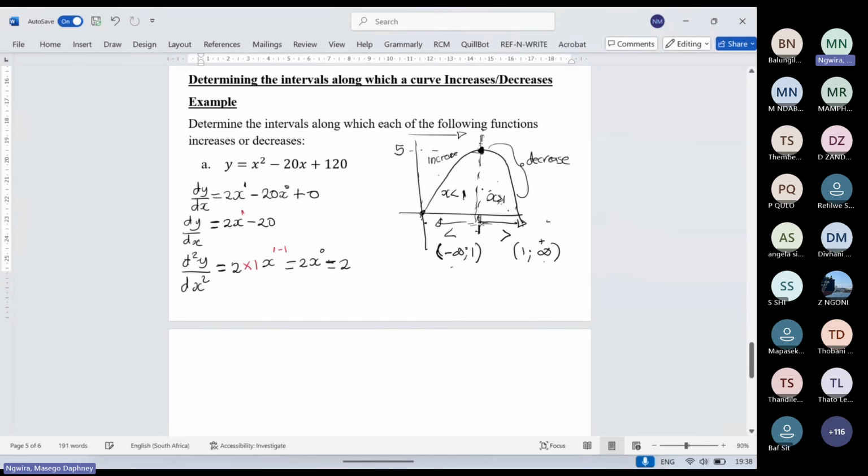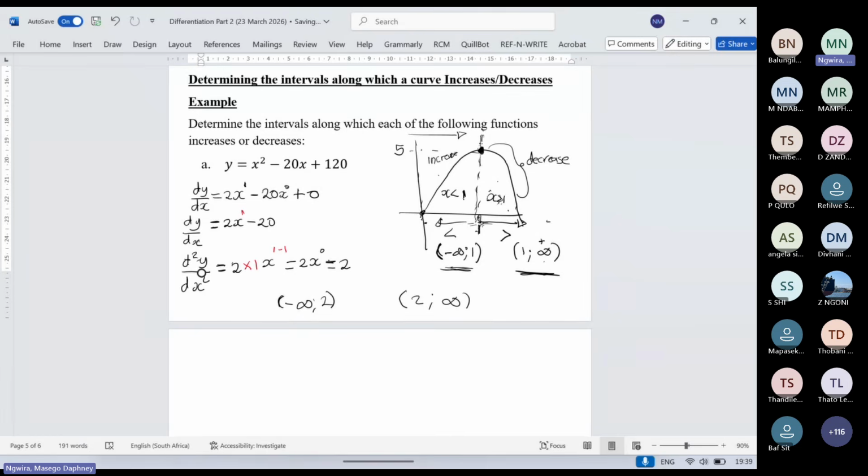So the interval, you write these two numbers like this. You will have negative infinity and 2, and then we have 2 and positive infinity.